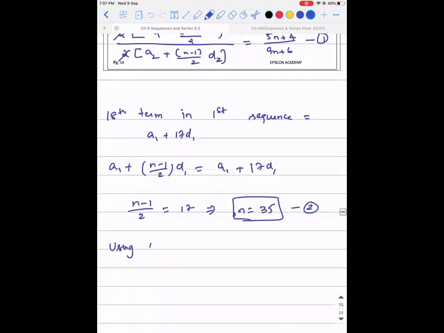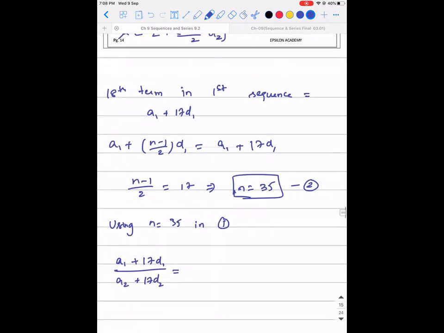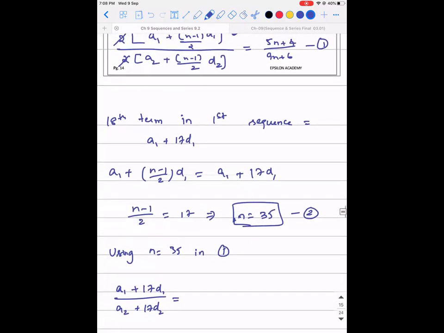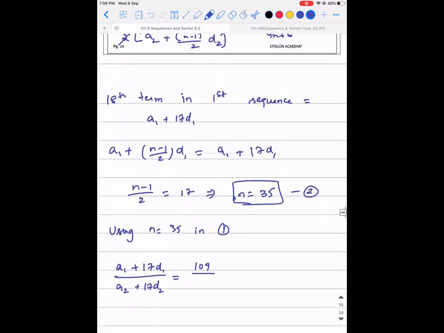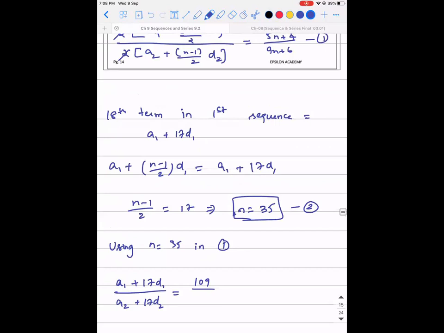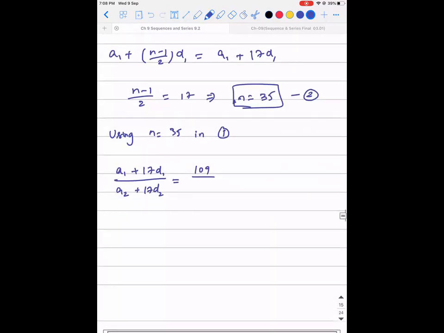Using n is equal to 35 in equation 1, we get (a1 plus 17 d1) by (a2 plus 17 d2) is equal to 5 into 35, that is 175 plus 4, that is 179, divided by 9 into 35, that is 315, plus 6 is 321.